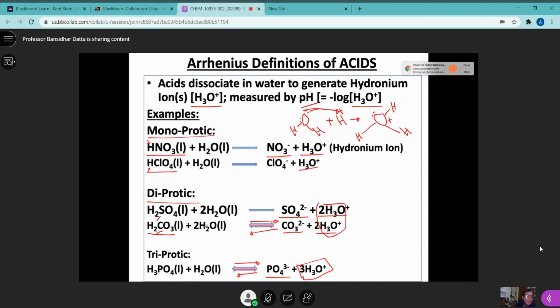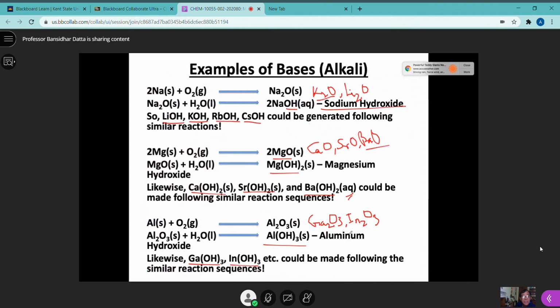And if you have carbonic acid, for example, the hydronium ion concentration doesn't correspond exactly to the concentration of carbonic acid. It is always less, meaning it's a partial dissociation. And once again, how do you measure the concentration of hydronium ion? By the pH, with the pH meter. All right, so that's basically the dissociation.